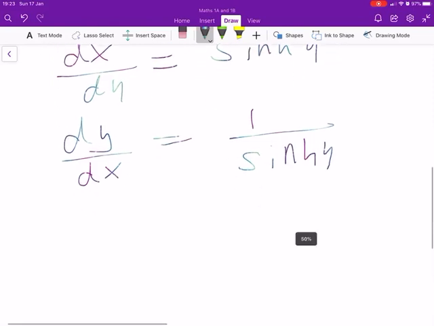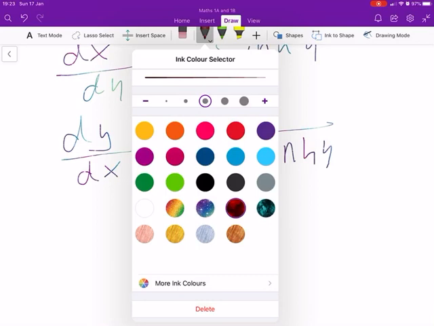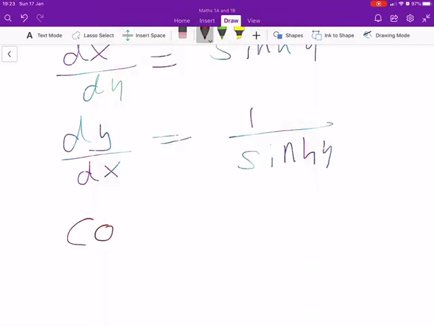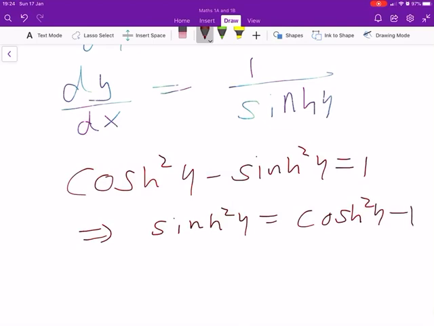Now using this identity, the one that I listed above, in this case it's cosh squared y minus sinh squared y is equal to 1. Now if we rearrange things to make sinh squared y the subject, we will find that sinh squared y is going to be cosh squared y take away 1.